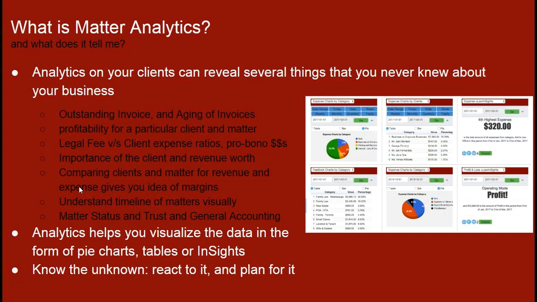Ensuring that you have the right data captured within that file or matter should be able to give you the insight around where you are spending your time and money. Where are you spending a lot of expenses? What's the typical aging for these types of matters? What's the ratio between the actual legal fees and your expense? Are you doing a lot of pro bono when it comes to family matters?